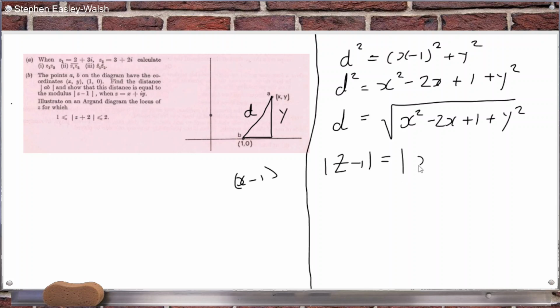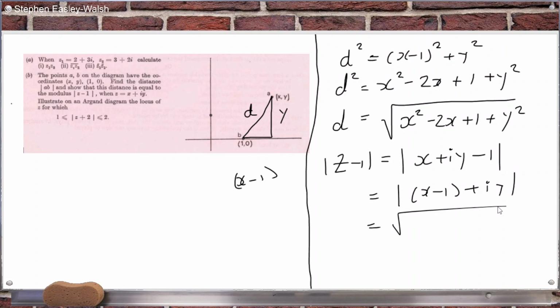That's the modulus of x plus iy minus 1, which is the modulus of x minus 1 plus iy, which is the square root of x minus 1 squared plus y squared, which is the square root of x squared minus 2x plus 1 plus y squared, which is equal to d. So we found the distance and showed that this distance is equal to the modulus of z minus 1. Okay, d is the distance AB.